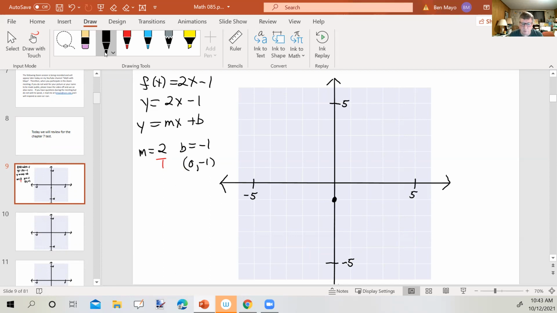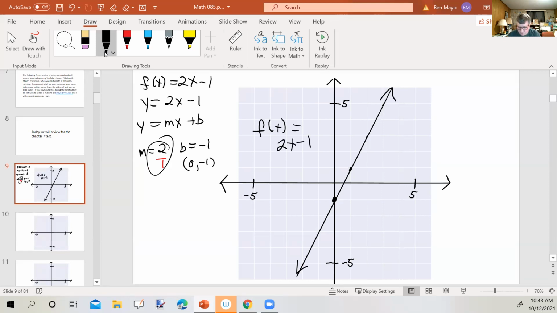And then we're going to move from left to right, going up 2 and over 1, up 2 and over 1, etc. Okay, using the slope that is up 2 and over 1. Okay. So here is the graph of f of x equals 2x minus 1. Any questions on this example at this point?